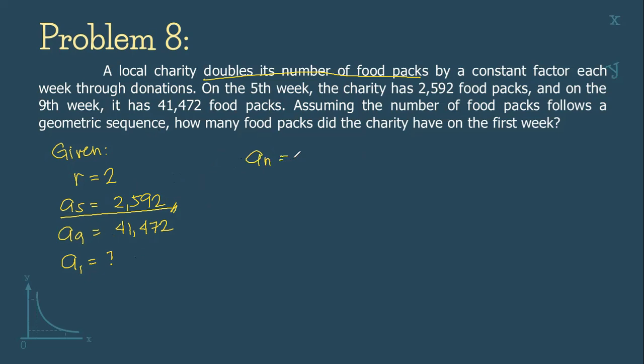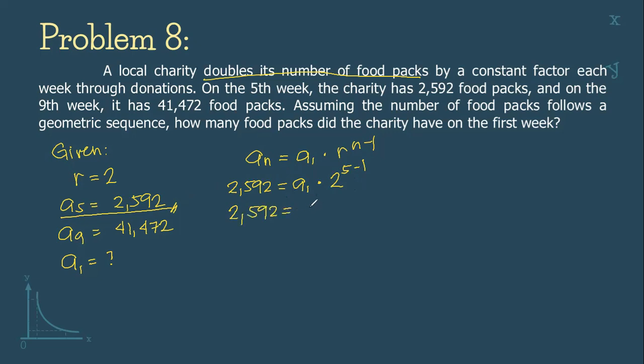So a sub n is equal to a sub 1 multiplied by r raised to n minus 1. So considering if we have the a sub 5 of 2,592, which is equal to a sub 1 multiplied by the common ratio of 2 raised to n, what is our n? That is actually 5, 5 minus 1.